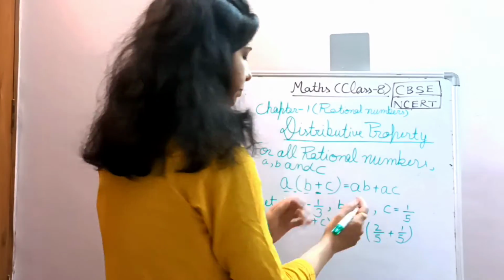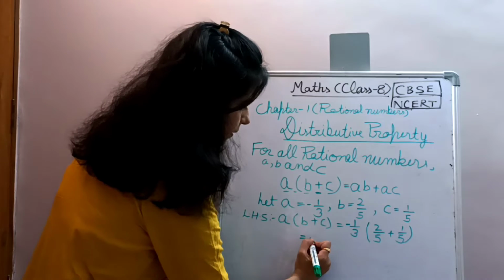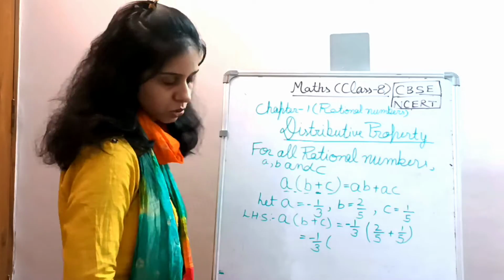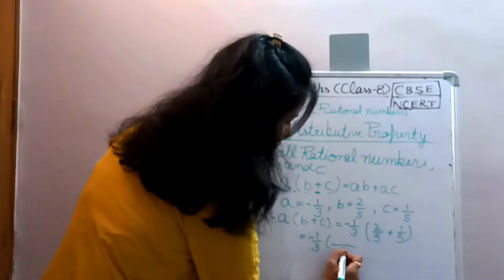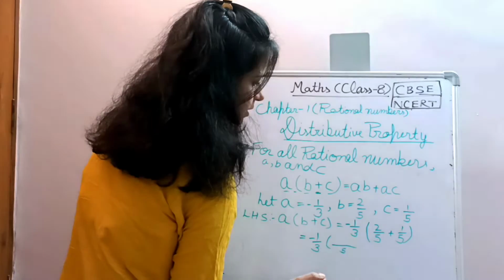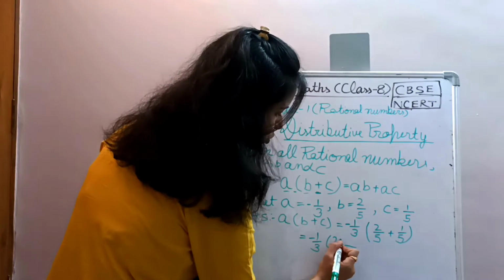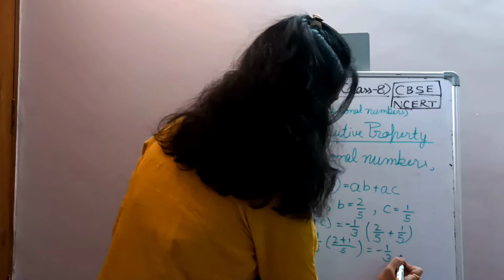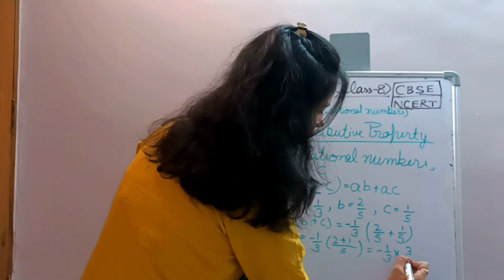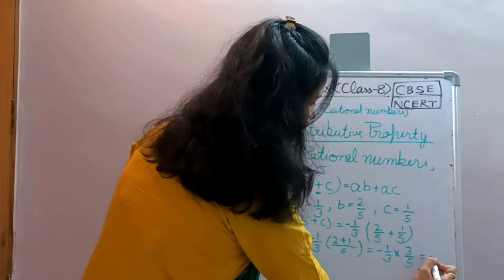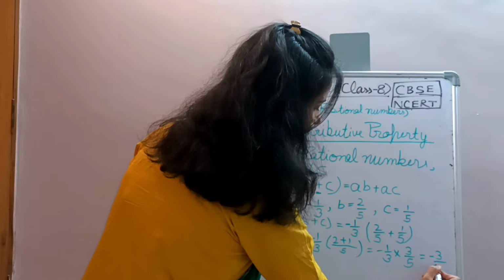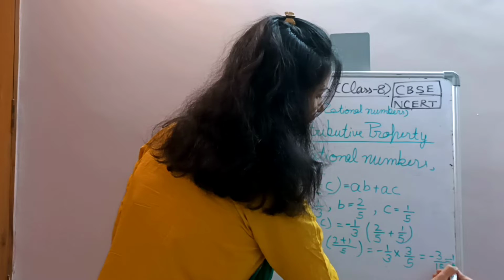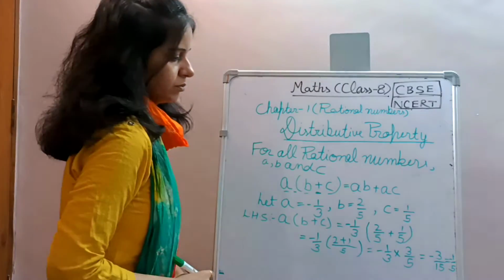Now, just simplify it. Firstly we'll solve the operation within bracket. Take the LCM of denominators, which is 5, and 2 plus 1. Minus 1 upon 3 multiply 3 upon 5 is equal to minus 3 upon 15, or we can write minus 3 upon 15 as minus 1 upon 5.